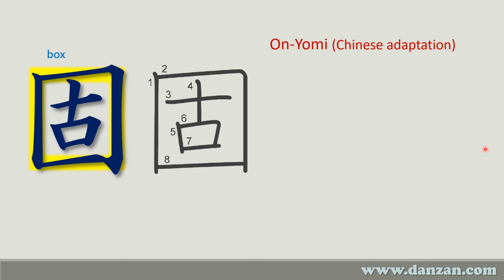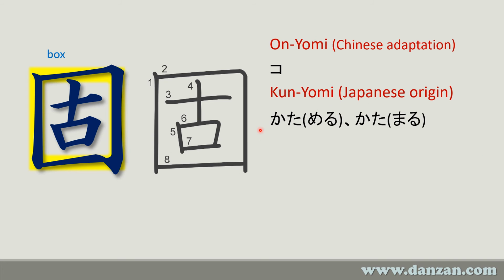The Chinese reading of this is ko. The Japanese reading of this is katameru, or sometimes katamaru. Katameru, like that. And the meaning of this character is to harden or to set, somewhat like concrete would harden or solidify.